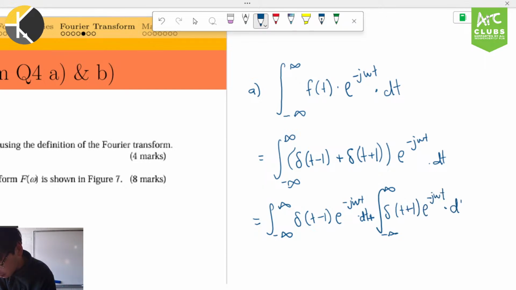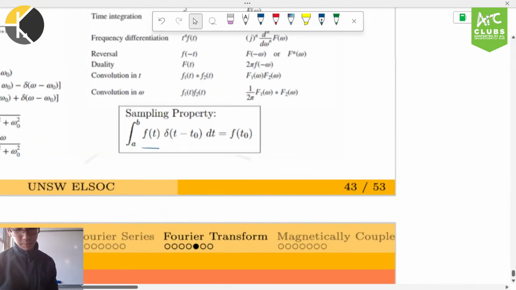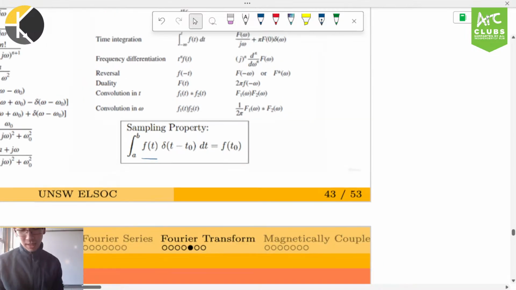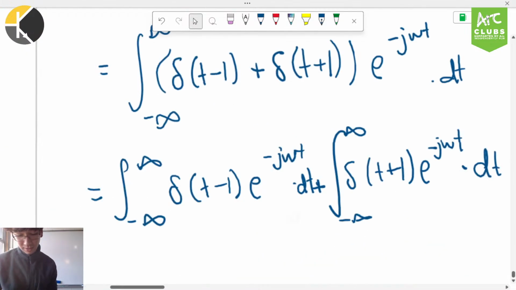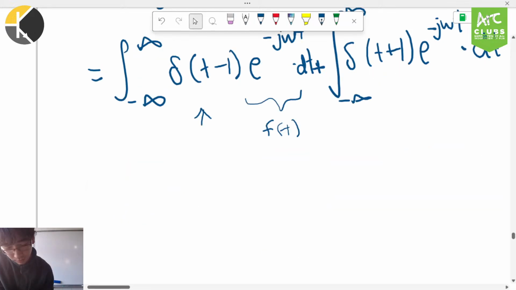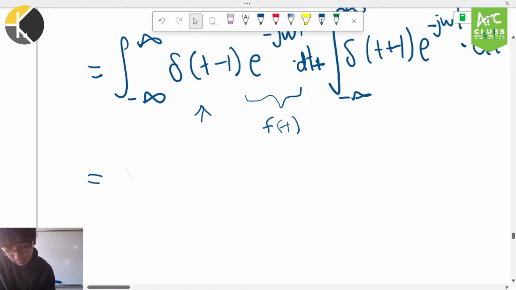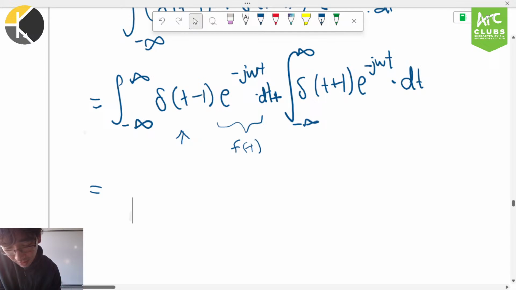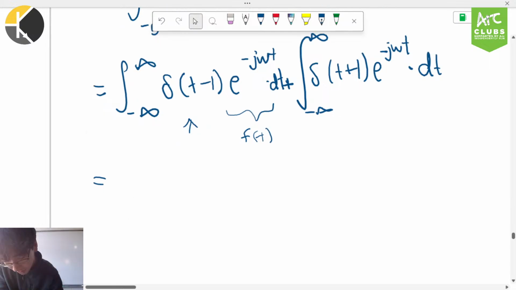we get this expression. If we jump back up to our sampling property, we can see that this expression is simply our function f of t multiplied by some Dirac delta with a time shift. So that first integral is simply going to become e to the minus j omega t, where t is subbed in as 1. So we're going to have e to the minus j omega multiplied by 1.